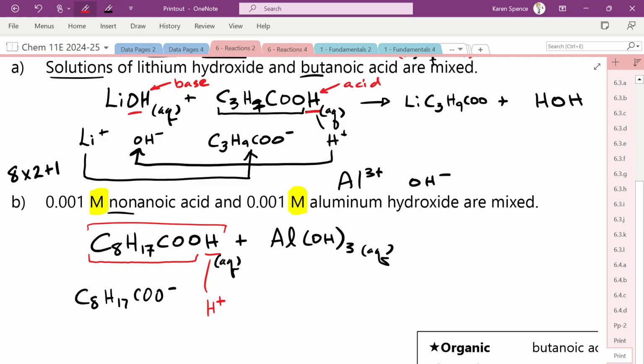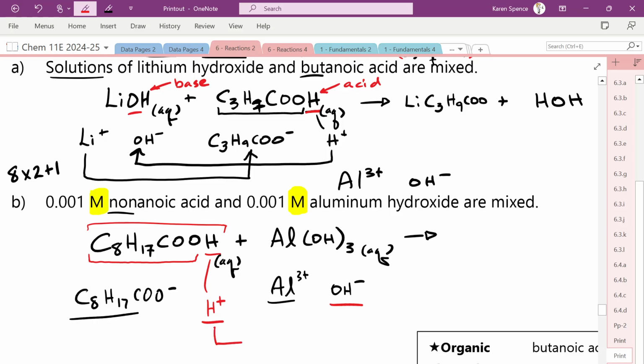And in aluminum hydroxide, we have Al3+, we have OH−, and now who will we combine? Tell your partner, who are we going to combine? Positive goes with negative, and positive goes with negative.